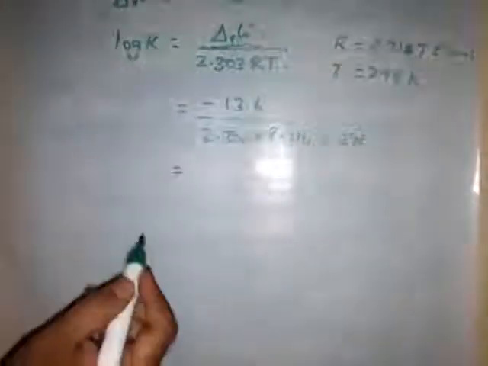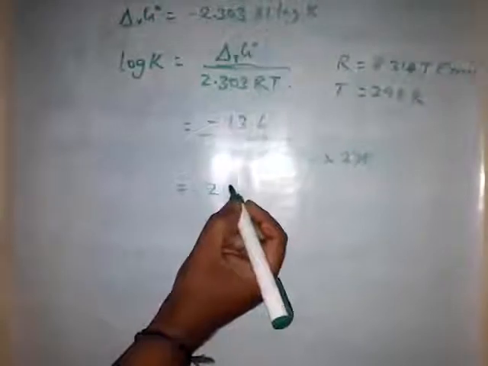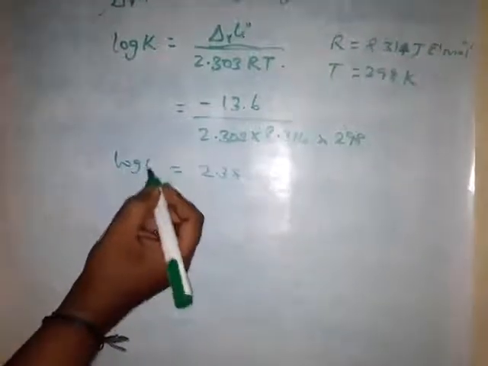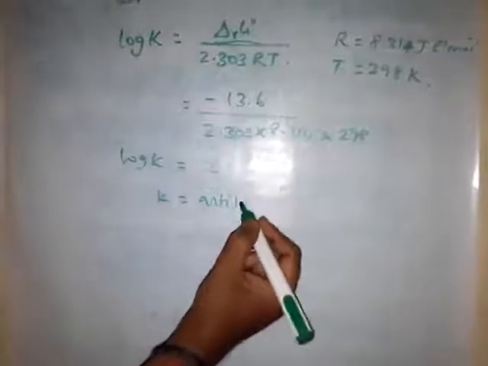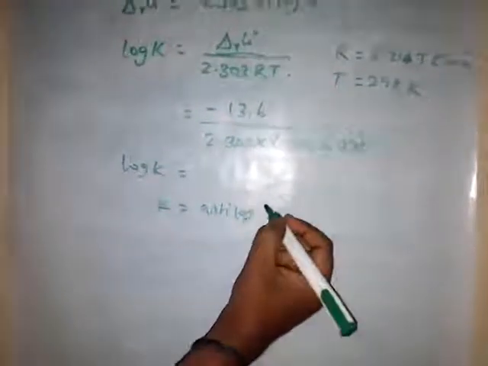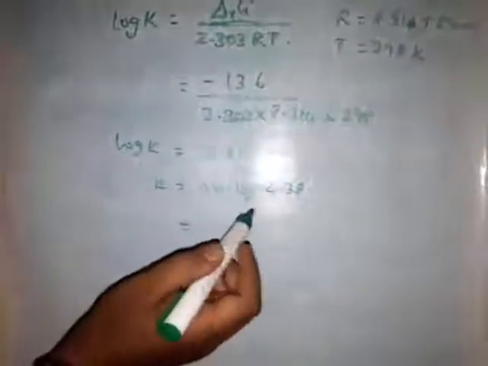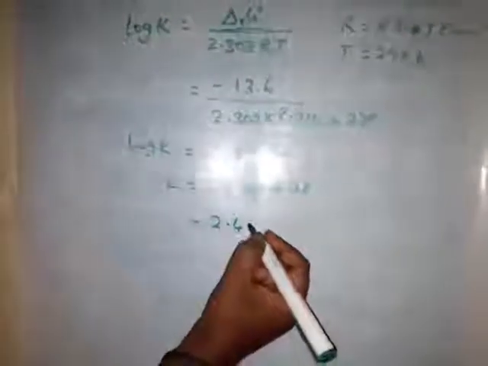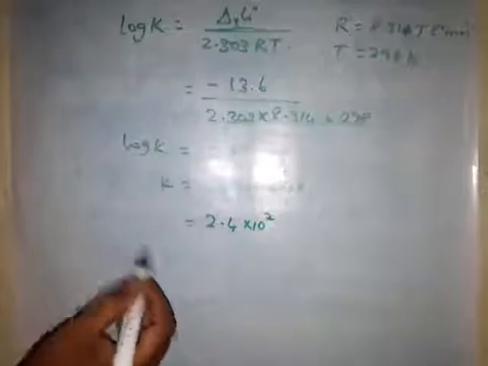After simplifying, we will get 2.38. So here log K is 2.38. So K will be the anti-log of 2.38, which is 2.4 into 10 power 2. So this is the K value.